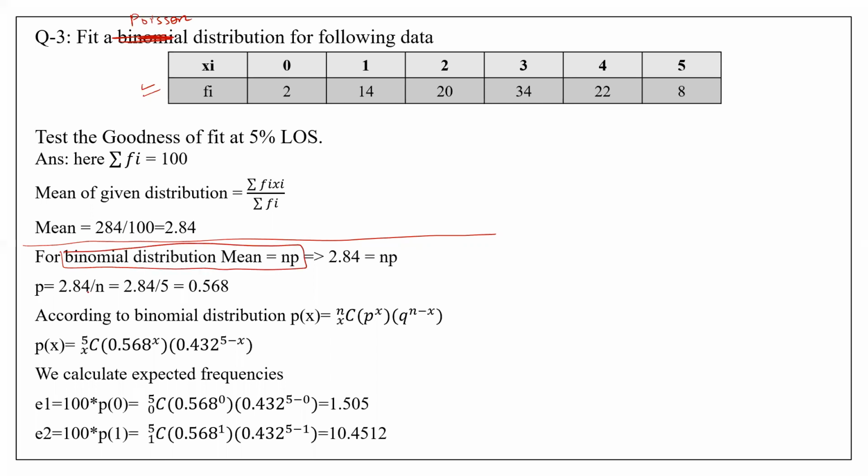So what is the mean of the Poisson distribution? The Poisson distribution is nothing but m power x, e power minus m divided by x factorial. Then what will be the mean of Poisson? That is nothing but your m. But you need the p value.